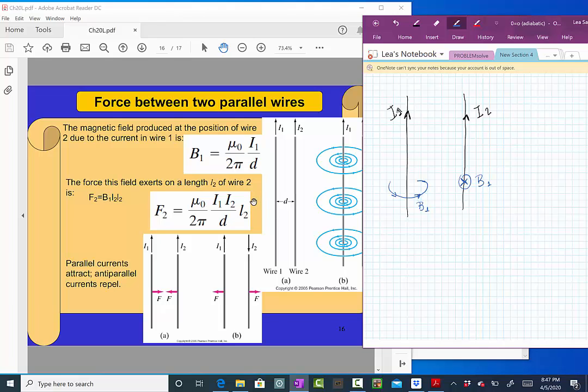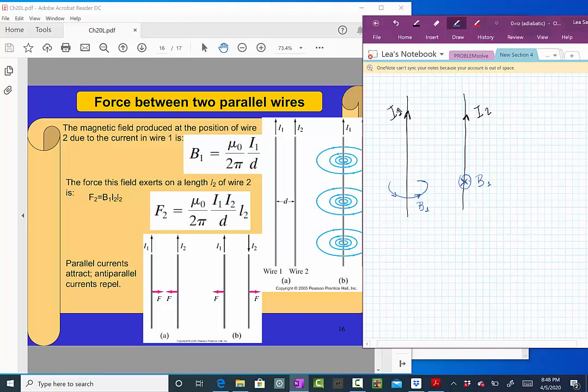On the left side it is coming out, but I don't care. What I care about is what is happening to the field on the right of the current, because on the right of the current is where the other wire is, and I want to know what is going to be the effect of I1 on the wire 2.